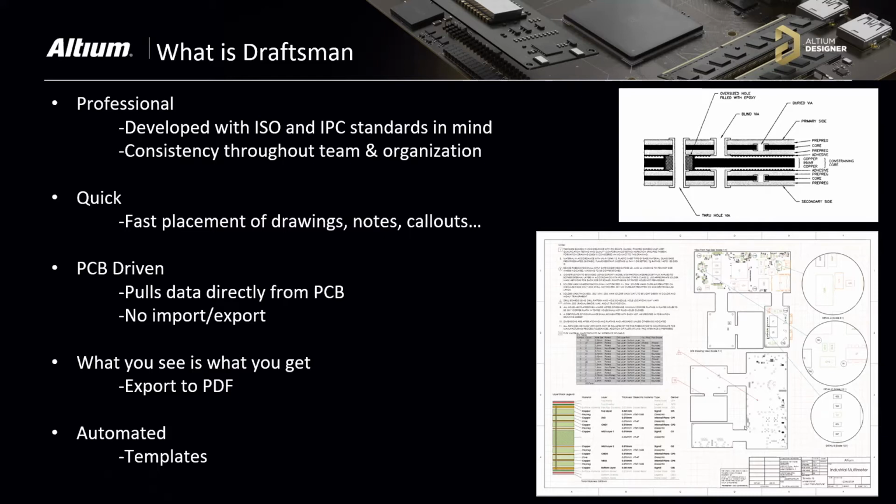So this is Draftsman, which is very handy and very nice, because you can also export to PDF and have templates out of it. You can also bring in all the information you need internally or even externally for your manufacturer.